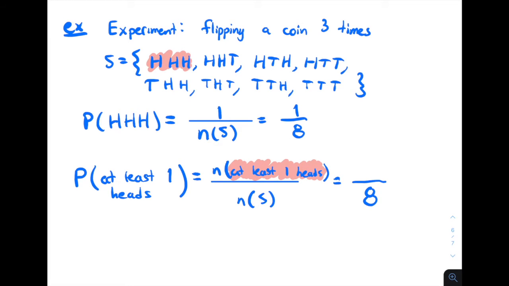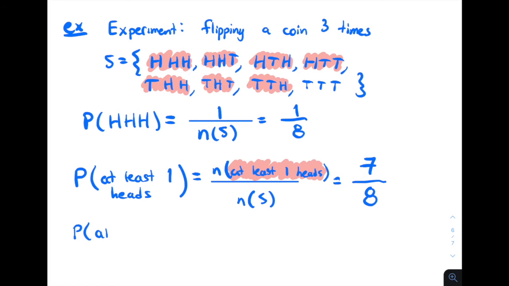We have heads, heads, heads; heads, heads, tails; heads, tails, heads; heads, tails, tails; tails, heads, heads; tails, heads, tails; and tails, tails, heads. So our final answer would be 7 over 8.